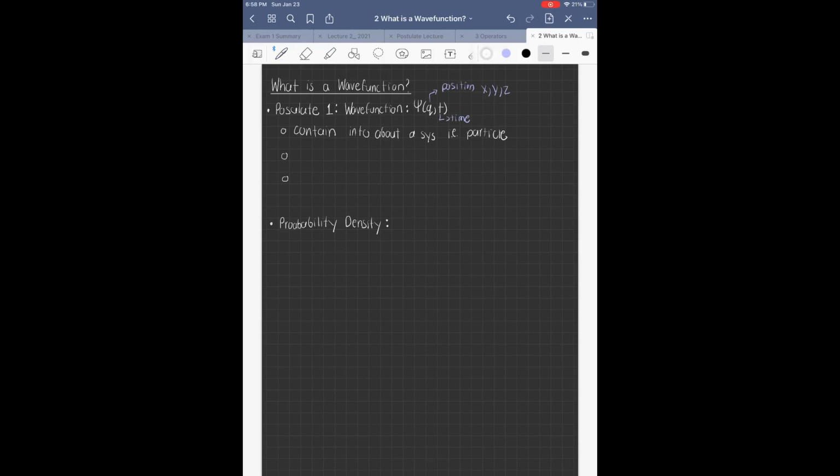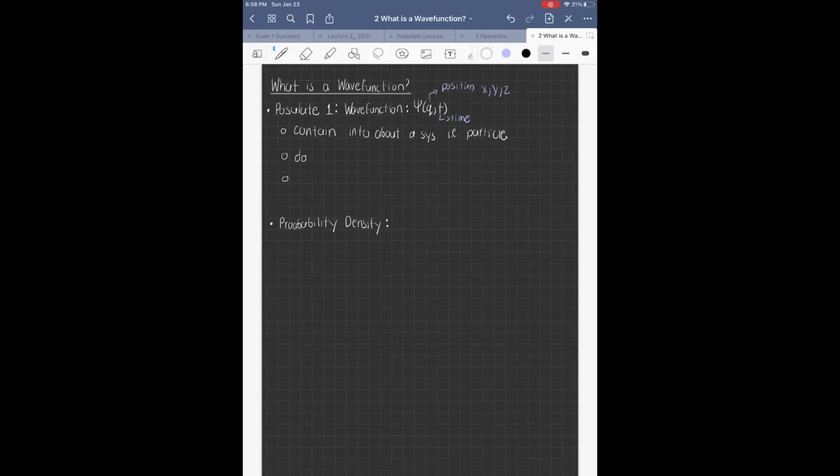Going on to our next point, the wave function doesn't really have a meaning. It's just something we get information from, like momentum, velocity, and energy too.